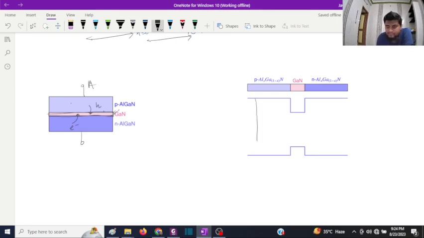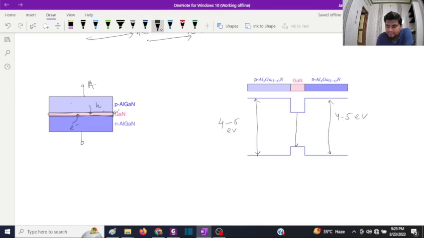The aluminum gallium nitride band gap may vary from 4 to 5 electron volts, depending on the value of x. This is also 4 to 5 electron volts.